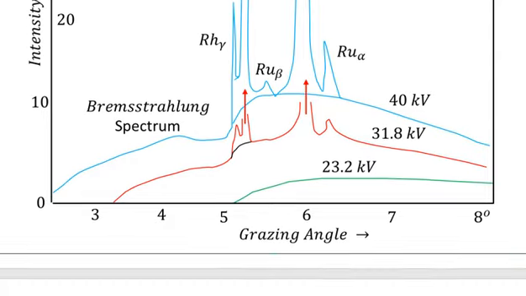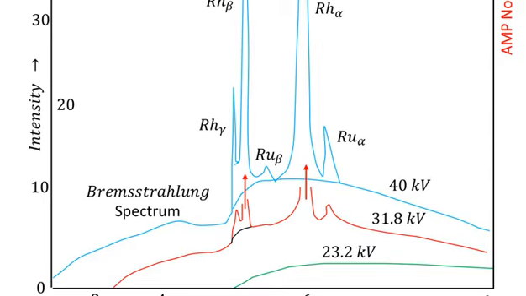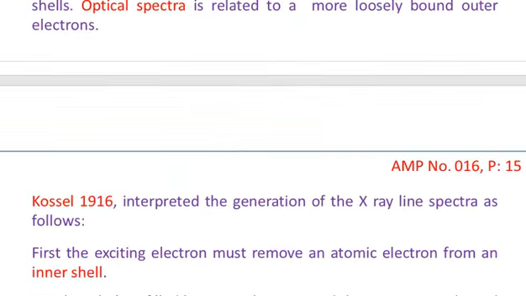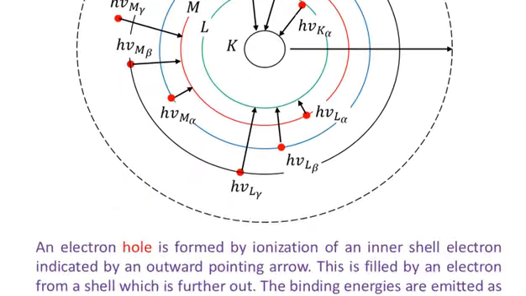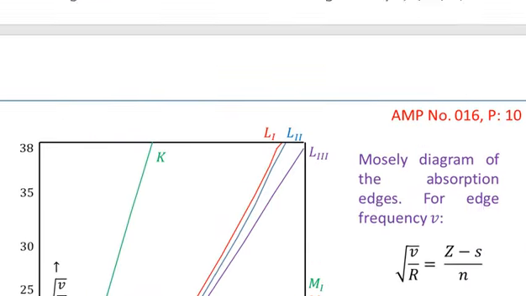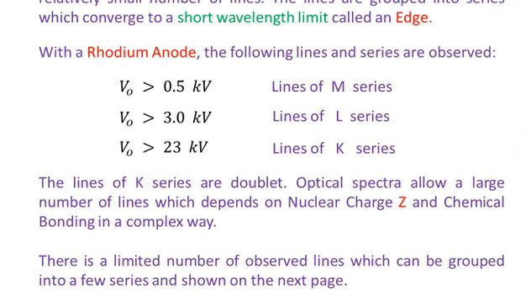So ultimately the edge means the values of the peaks corresponding to the highest energy. Of course, that will be smaller in intensity, but that will have the greatest energy, and that is called the edge of this series. I shall also be talking about these edges in more detail.